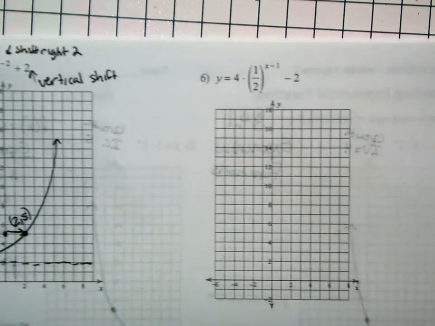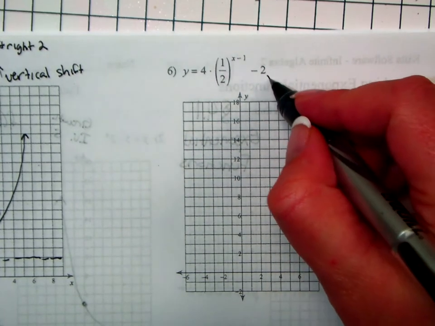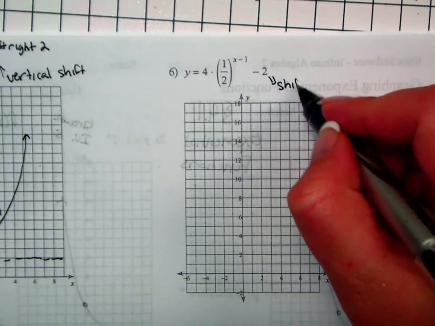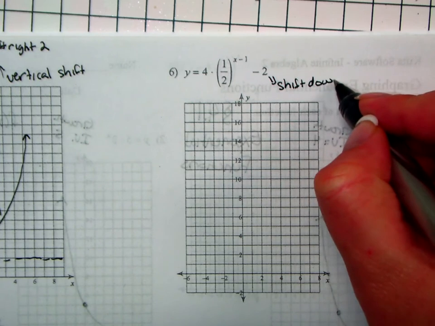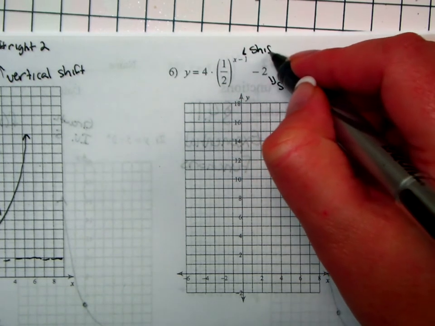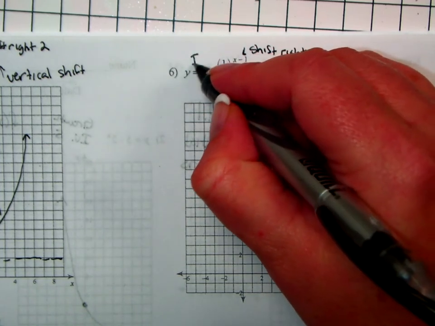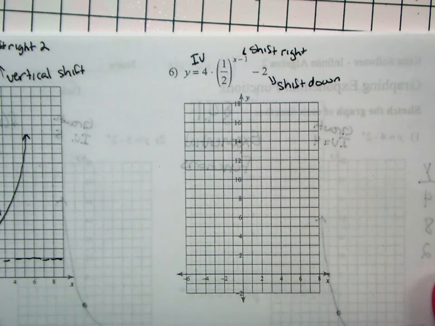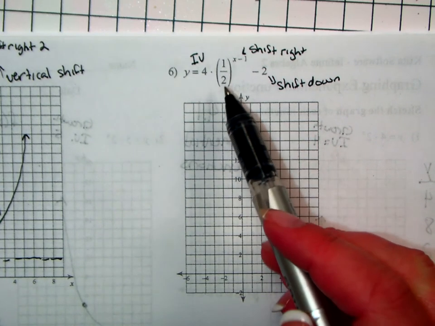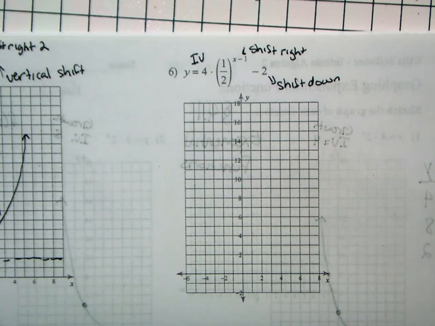All right, here we go. Another one. This minus 2 is a shift down, and this minus 1 is a shift right. And this 4, the initial value, is how many units above the asymptote we're going to put our point. Notice that the base on this one is a 1/2, so we're going to do an exponential decay.